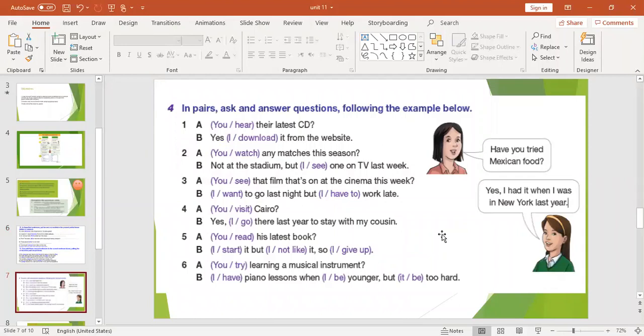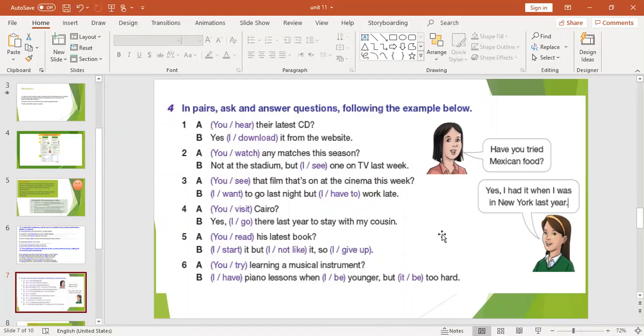Actually, in the question here, the person who asks is not concerned about the time. She is mostly concerned about the experience, like the example that we discussed before. And in the answer, the partner here gives her more details.